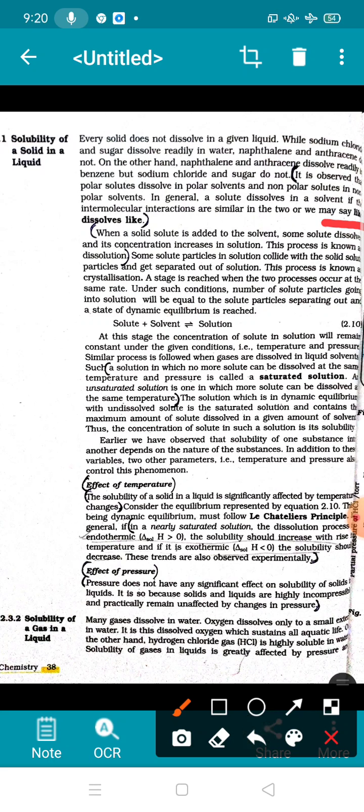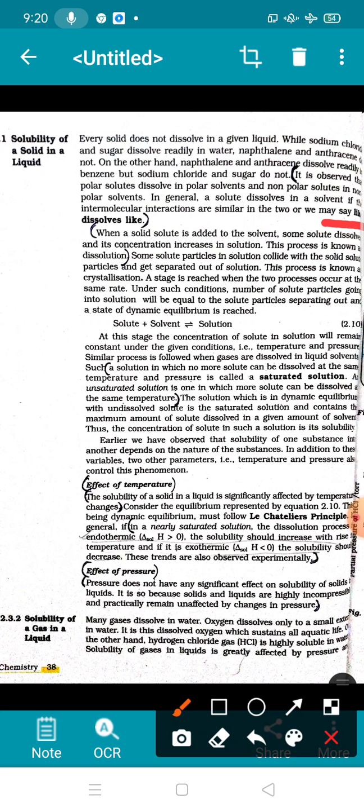Then comes how the solubility of a solid will be affected by temperature and pressure. As you know, when a solid is dissolved in water, it turns to a liquid. That means you can say it is a change in state of the solid solute to a liquid. And we all know that when a solid changes to a liquid, it is an endothermic process.